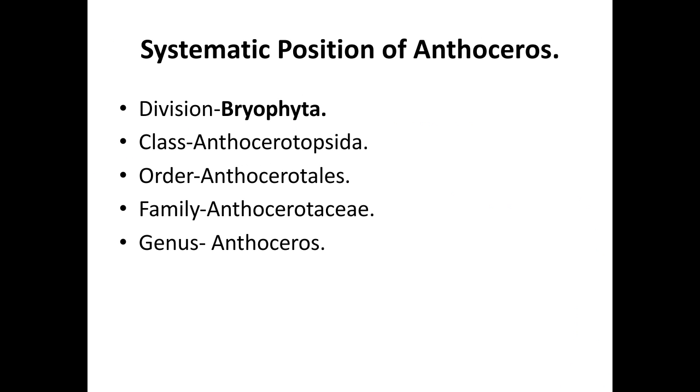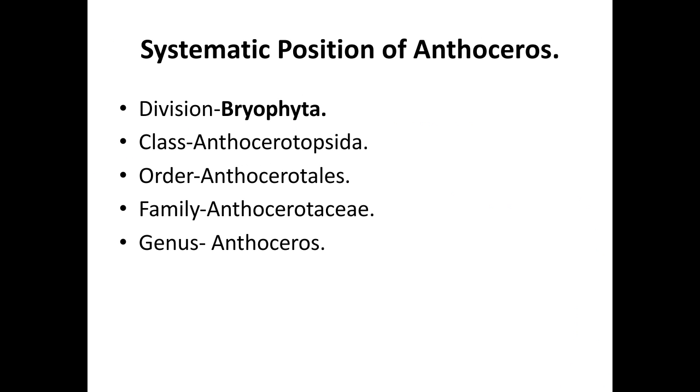Thallus is homogeneous internally. All cells are alike. Each cell of thallus is provided with chloroplast with centrally placed pyrenoid body, which is an important character of Anthocerotopsida.